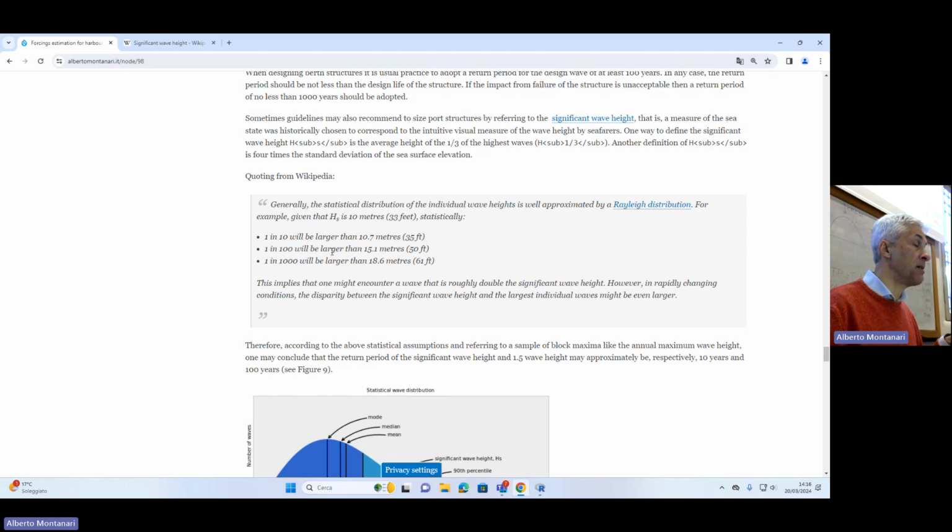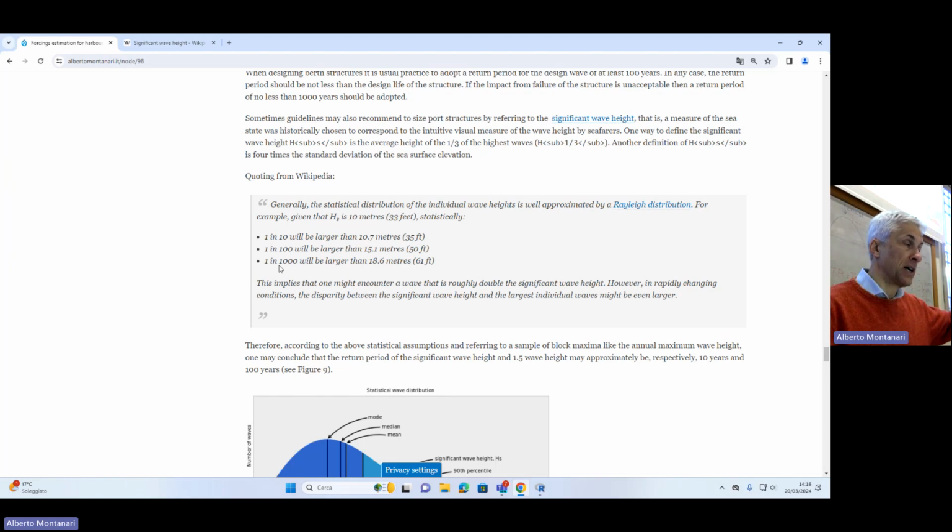And this is an empirical rule. Don't take it rigorously. It's a rule of thumb, but it is quite precise for wave data. And if you get twice, more or less twice, the wave height, you get 1 in 1,000. It is interesting if you remember this.